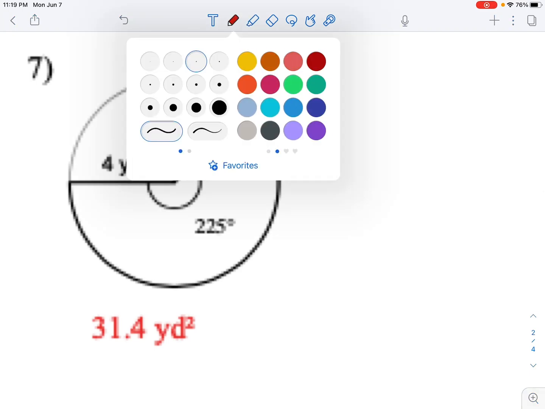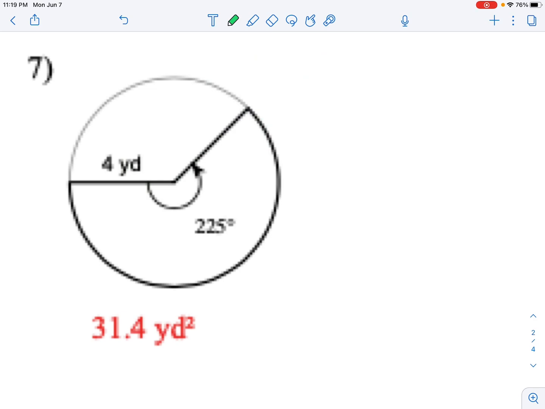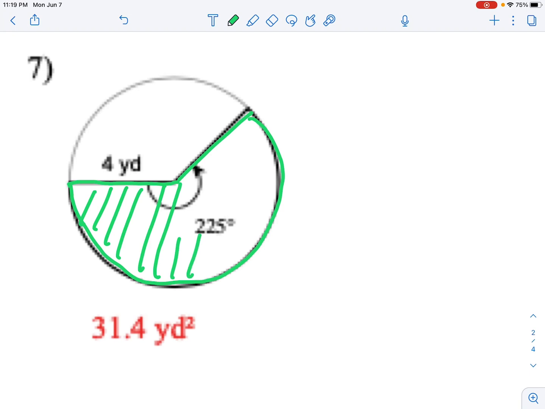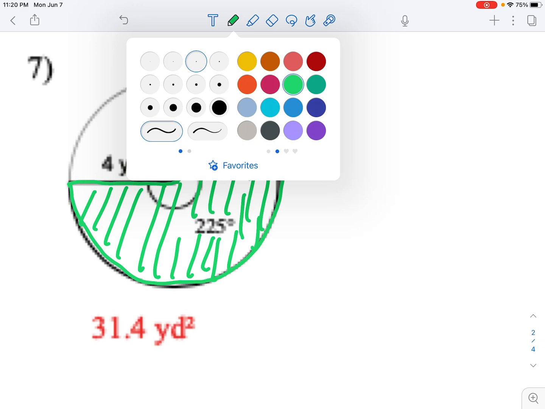In this case, we have our sector right there. This is our entire sector here. We're finding the area of all of that.